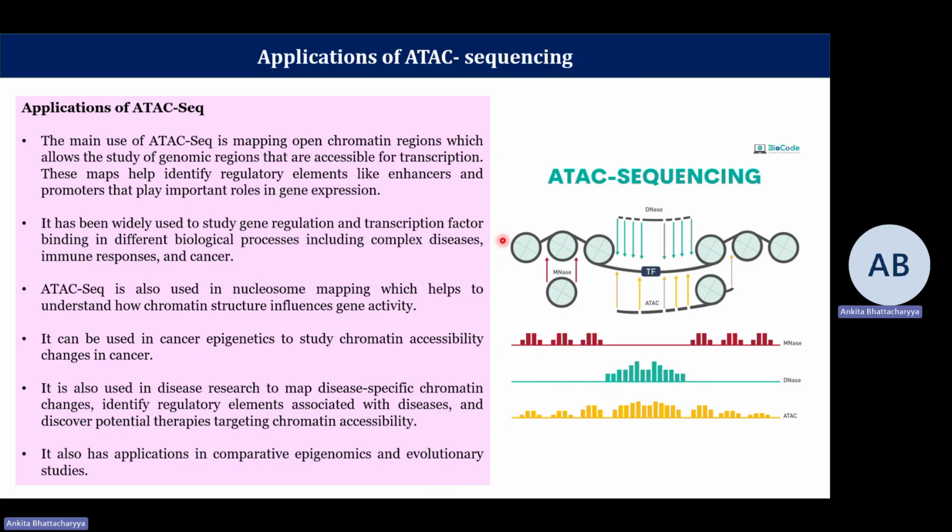It is also used in nucleosomal mapping, which helps to understand how this structure influences gene activity. Also, it can be used to study cancer epigenetics and see chromatin accessibility changes in cancer. It is also used to map disease-specific chromatin changes, and it has applications in computational genomics, epigenomics, and evolutionary studies.